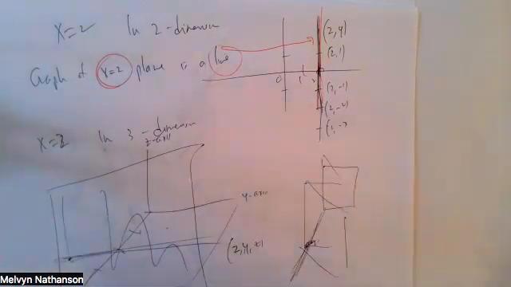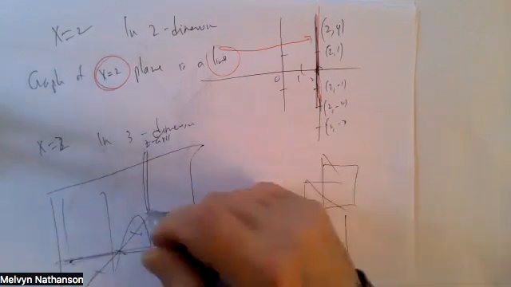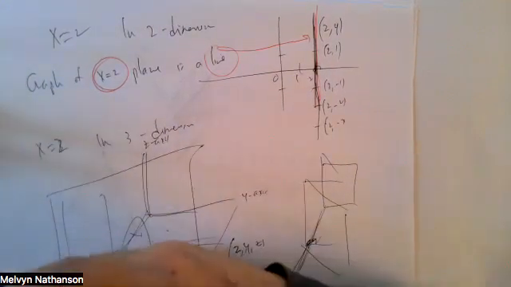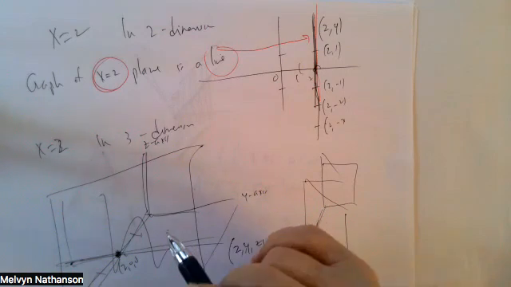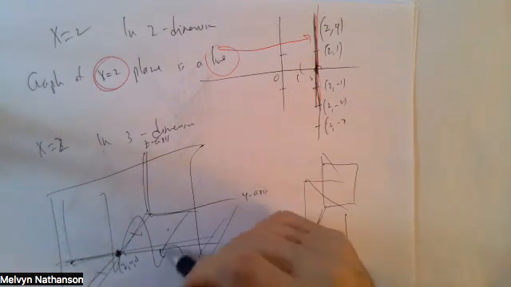It's like you have 3-dimensional space and you drop a plane through the point x equals 2. This is (2, 0, 0). It's all the points where the x coordinate is equal to 2.